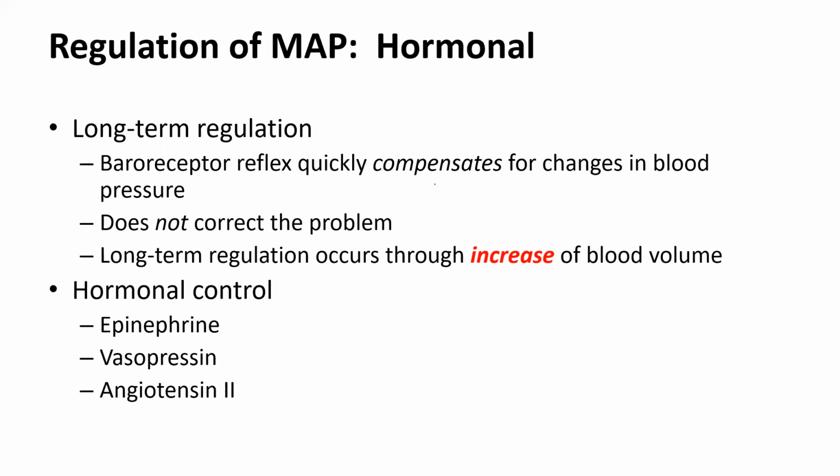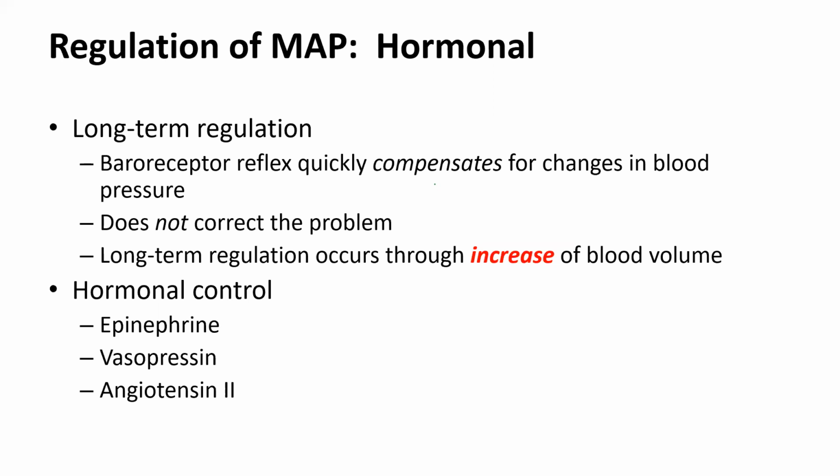Things like our baroreceptor reflex are basically putting a Band-Aid on the initial problem. Right? If we don't have enough blood in our vasculature, that's going to create an immediate reflex or an immediate response. But in order to correct that, that's going to take a bit more time.